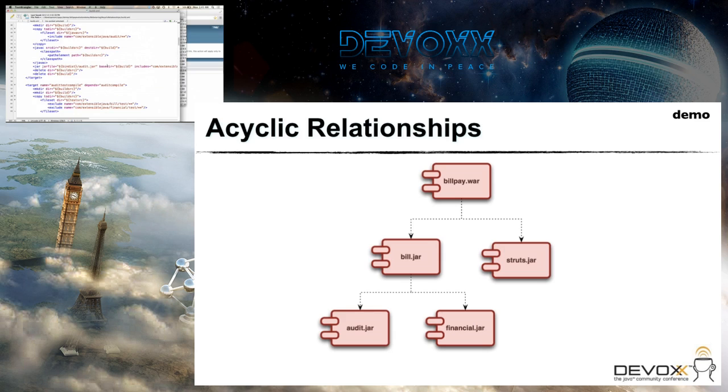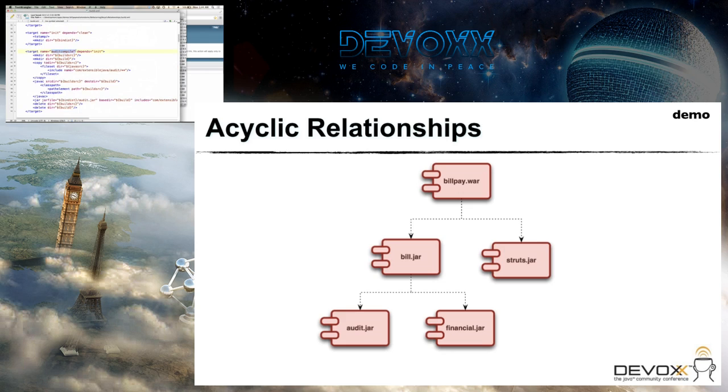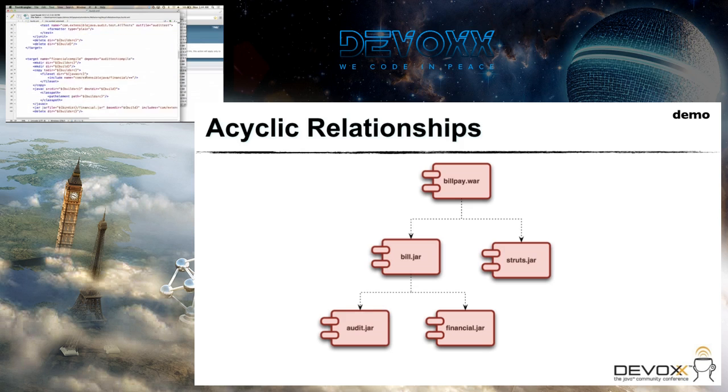I've changed my build script so that I only compile what is absolutely needed, because I do have unidirectional, acyclic relationships between all of my modules. So when I compile audit, I know that audit didn't depend on anything else. And when I compile bill, I know that bill is dependent upon audit.